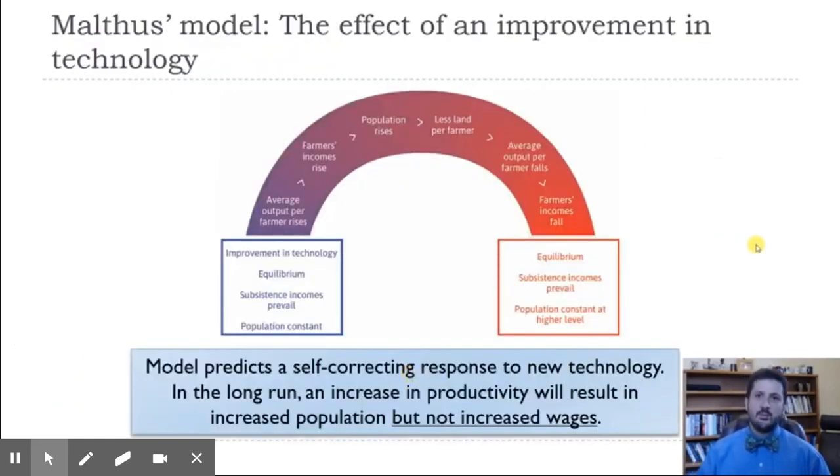So what happens if we get an improvement in technology? Even in the Middle Ages, the Dark Ages, there were improvements in technology. Then average output per farmer rises, and farmers' incomes rise. That means there's more food, and because there's more food, the population rises.